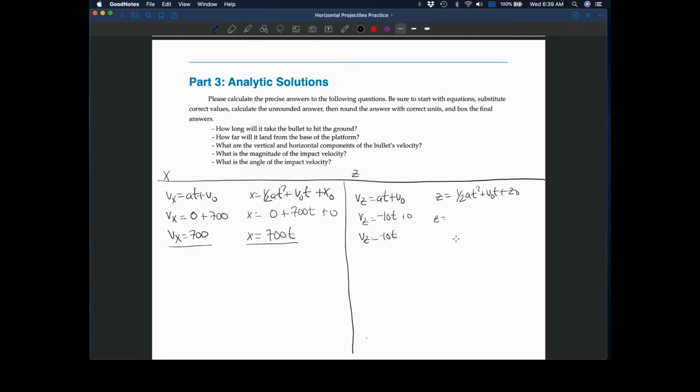The instantaneous vertical position is 1 half times minus 10. The initial velocity in the vertical is 0. And if we set the initial position equal to 0, that's also 0. So we're left with z equals minus 5t squared. And so these are our models that will give us the instantaneous velocity and position in the vertical at any time.